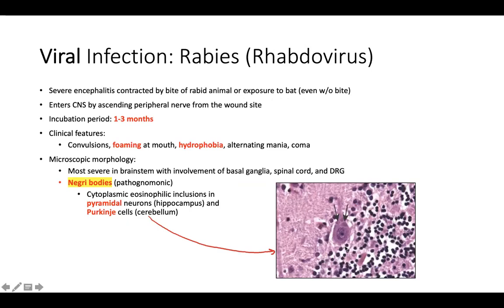The Negri bodies are these little bodies located in the Purkinje cells of the cerebellum, and also in the pyramidal neurons. Here's the Purkinje cell, and that's what's shown right here.